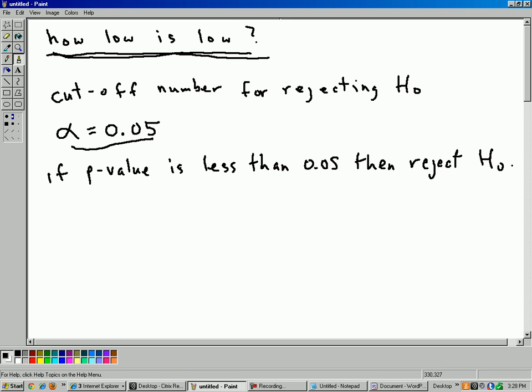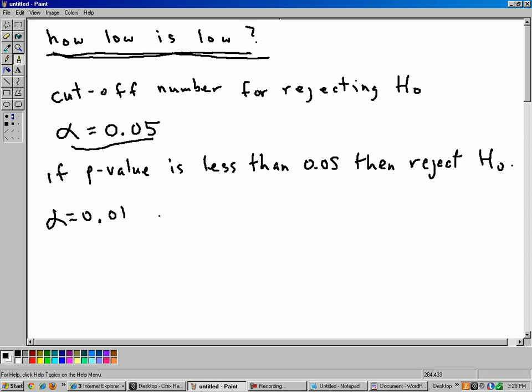Now, there are occasions where you want to have a higher number or lower number, and I guess the question comes down to how badly do you want to reject the null hypothesis? So if you lower your alpha, say to like 0.01, that means you're really requiring a really low p-value.